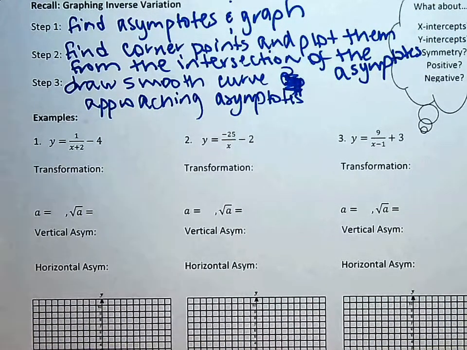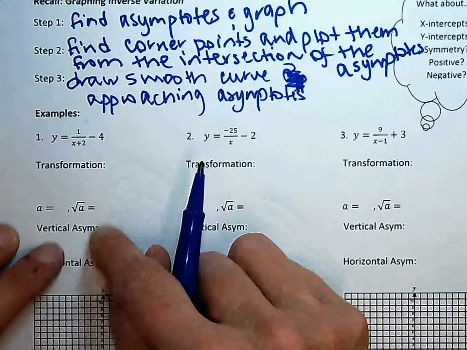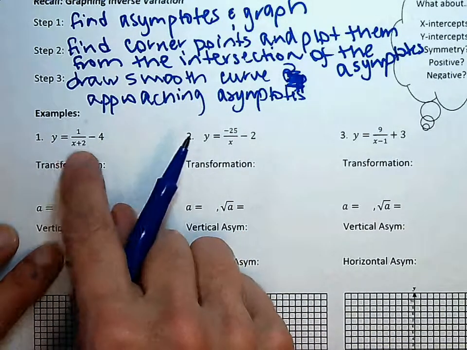Okay, so now you have all you need to know. But you also notice that we put describe the transformation there as well, didn't we? So first of all, I said find the asymptotes. I'm going to do this in a little different order, or you can tell me the transformations.